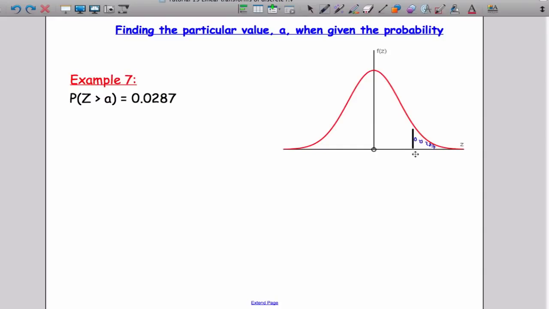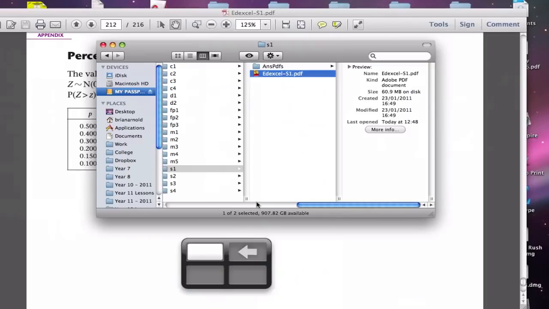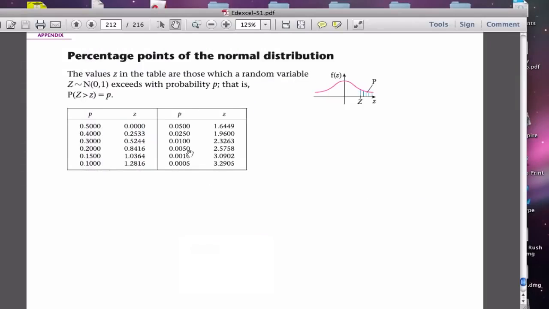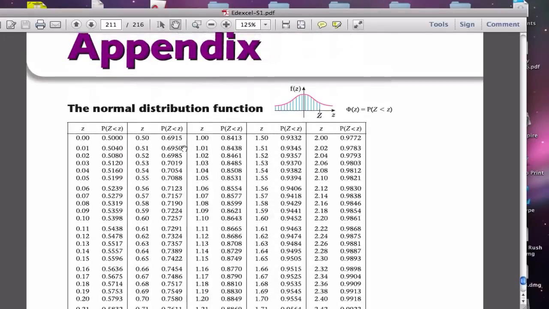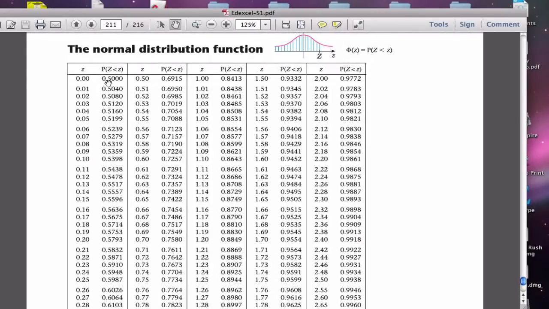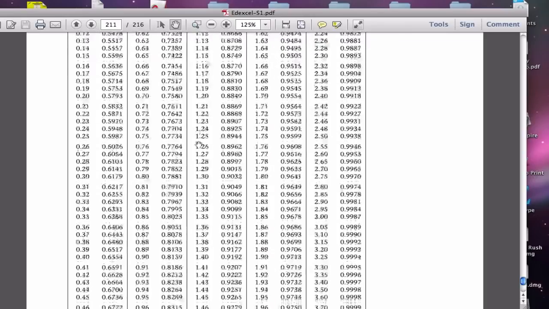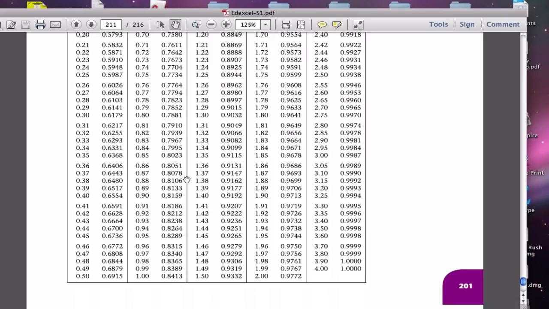Now if I go to my table, there's nothing here that represents 0.0287, and if I look at my normal distribution table here, I can also see that the probabilities start at 0.5, so it must be less than 0.5 in the question.